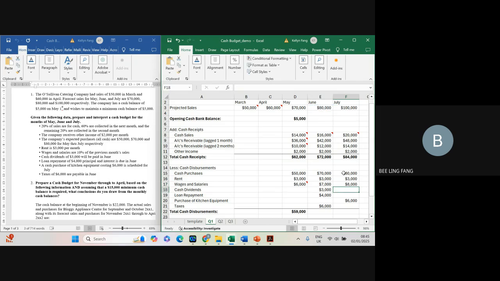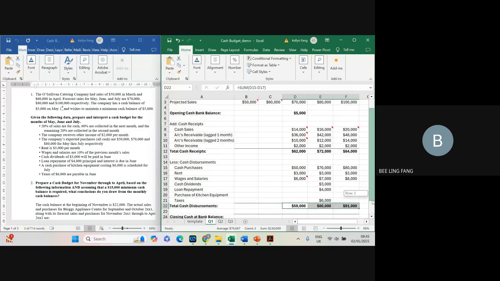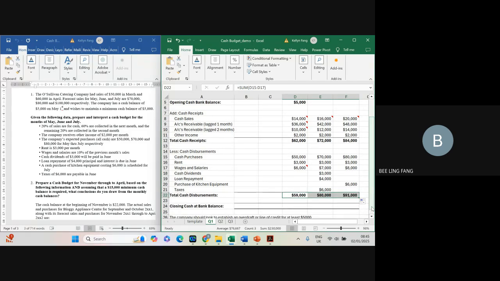Right. So cash dividend paid already. This one, loan payment, if you put it in already. All right, so okay, everything fine. Right, so after that, you this one, that's 1,003.